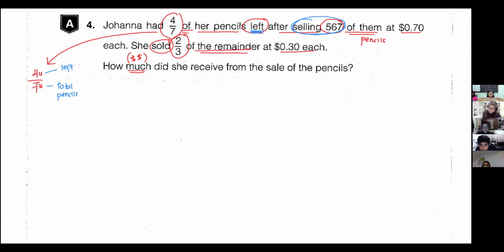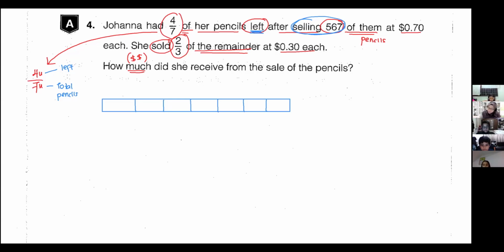Okay. So now I want to draw my model. I would draw my model of 7 parts because the total is 7 units. Can you see? The total is 7 units, so I draw 7 parts first. So 1, 2, 3, 4, 5, 6, 7. Then I am going to identify where is the sold part.